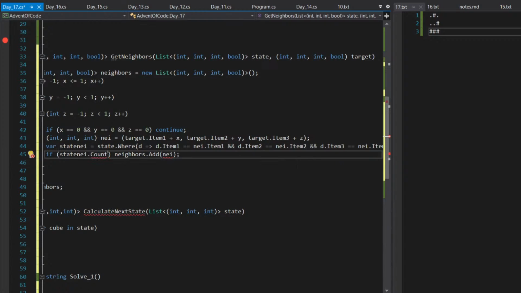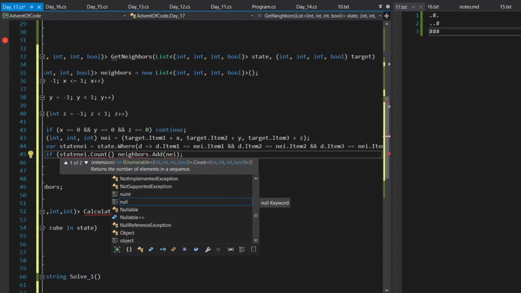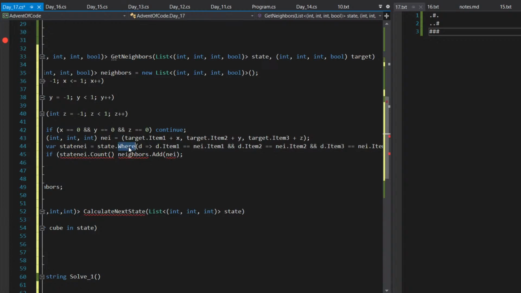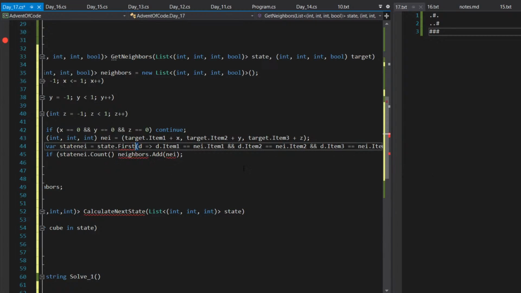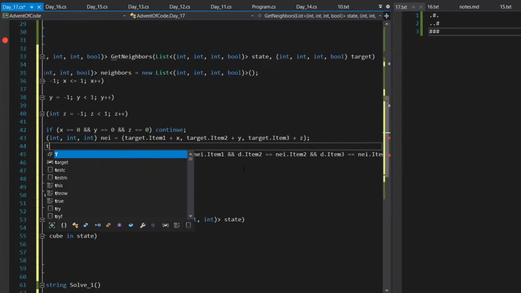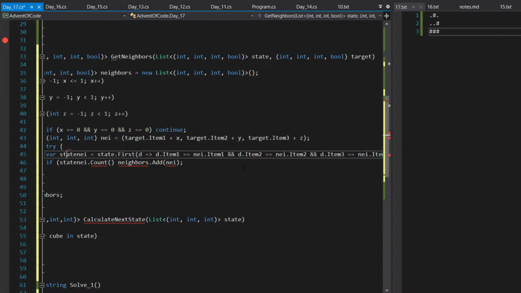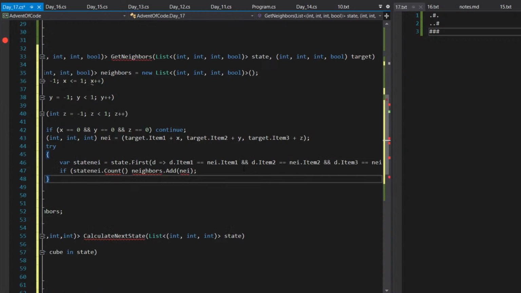This is going to be slow too. Guess I could wrap this in a try block, which is kind of stupid.